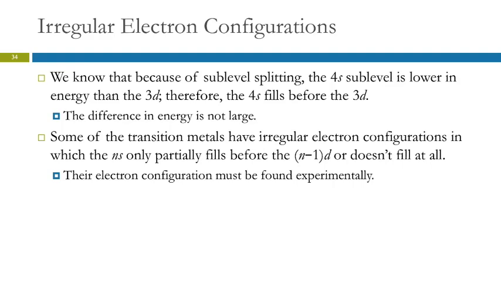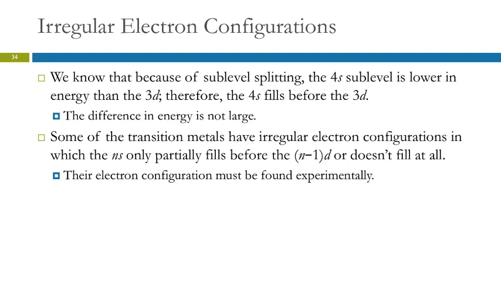Of course, it couldn't all be quite that straightforward. There are some irregular electron configurations. So there's splitting because of the penetration and the shielding. So the 4s sublevel is lower in energy than the 3d, but the 4s fills first.